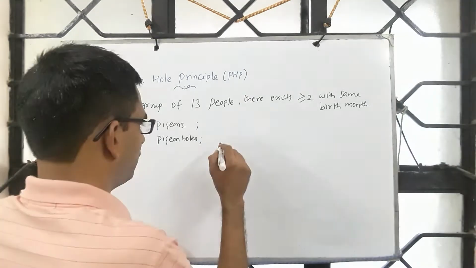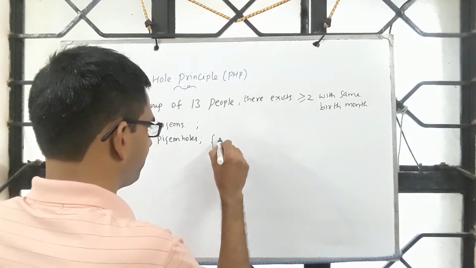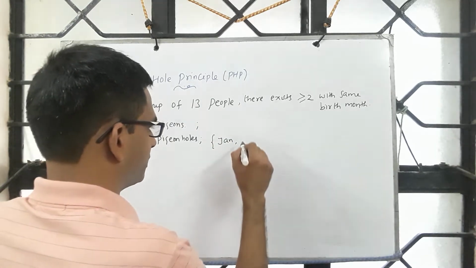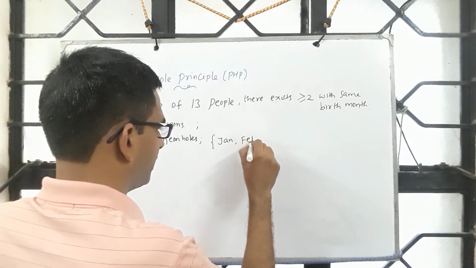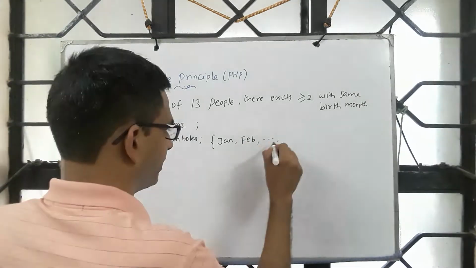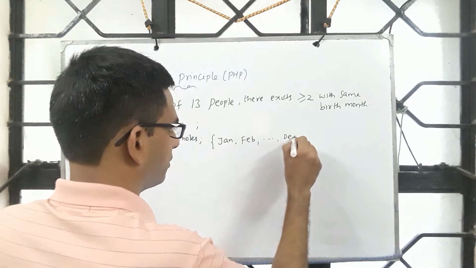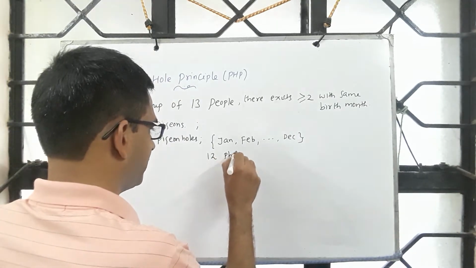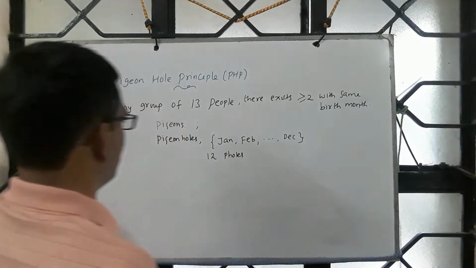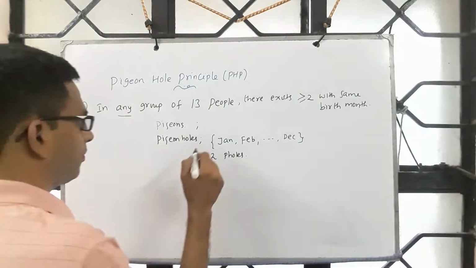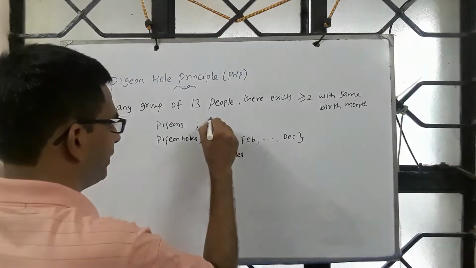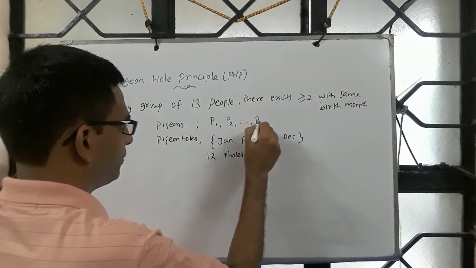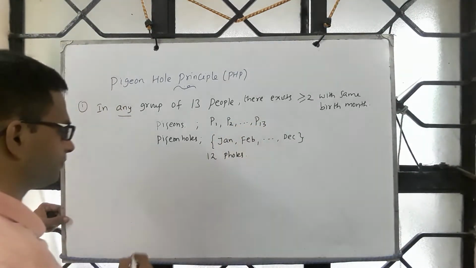So I create 12 pigeonholes which are labeled Jan, Feb, basically the months. So I've got 12 pigeonholes. And pigeons are basically people, P1, P2, and so on up to P13.